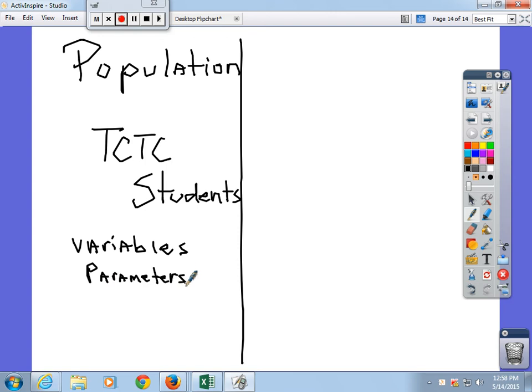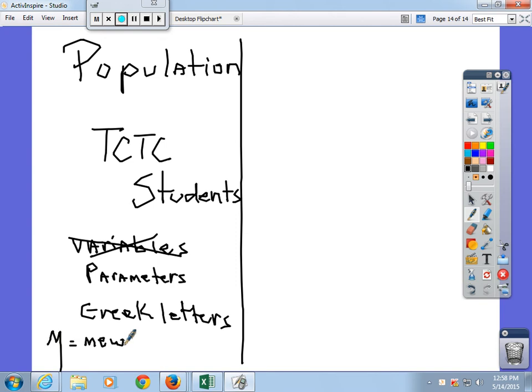Remember, PP: parameters, population. We're not going to use the word variable because that's too algebraic. Parameters are always going to be Greek letters. The ones you're going to see the most of in this class are mu and sigma.